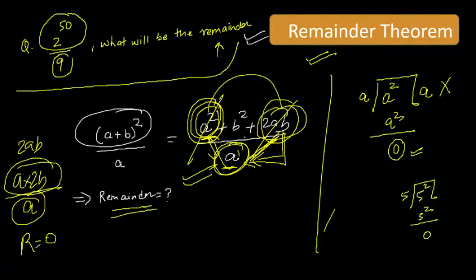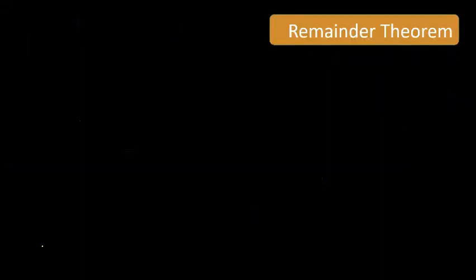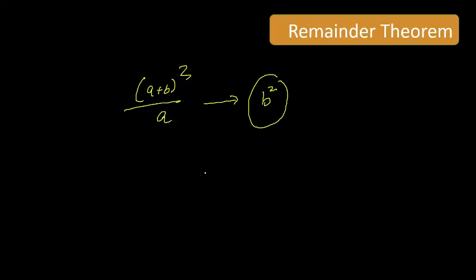Now tell me which part is not divisible by a here. Finally, your remainder you will get from the last part, that is b square, because a is not inside it. So the conclusion is, when (a plus b) square is divided by a, your remainder is b square, right?